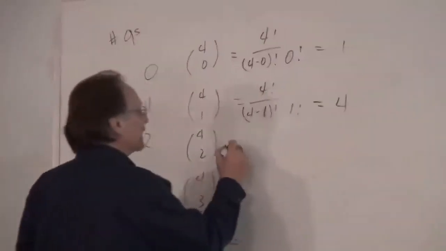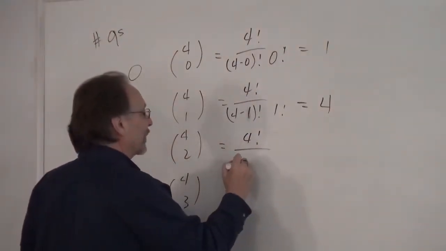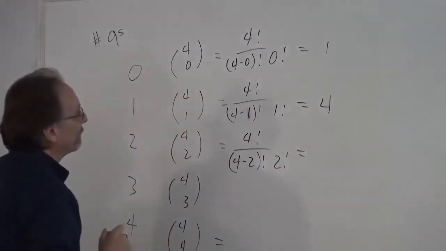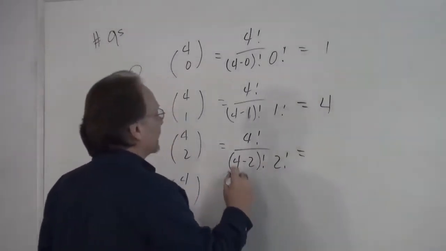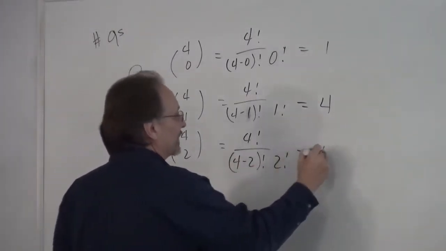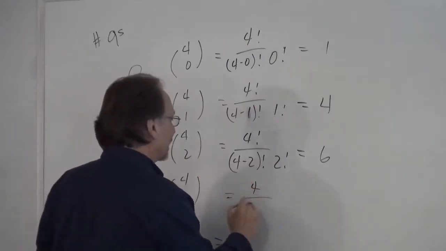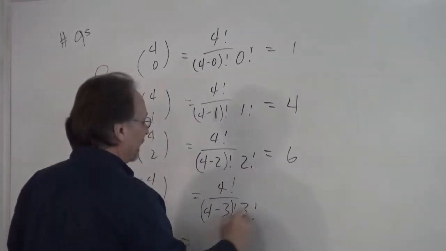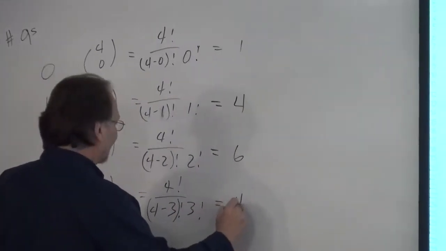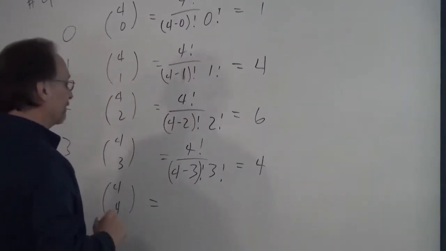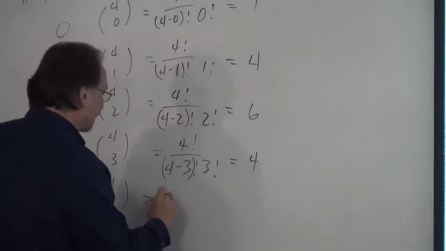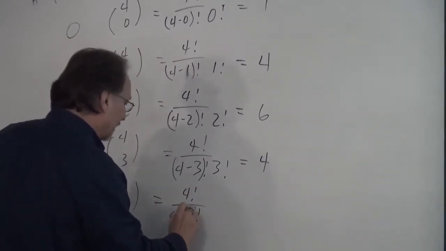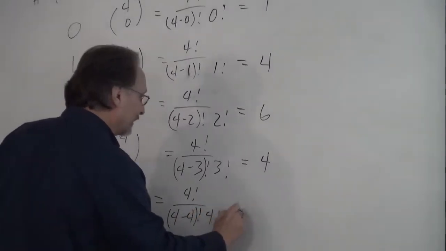Okay. 4 objects taken 2 at a time, 4 factorial over 4 minus 2 factorial, 2 factorial, that's 6, and then 4 factorial over 4 minus 3 factorial, 3 factorial, and you end up with 4 again. And then 4 taken 4, 4 minus 4 factorial times 4 factorial, ends up with 1.